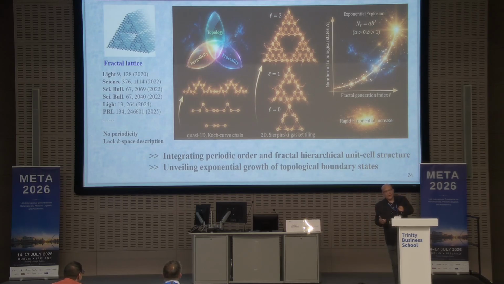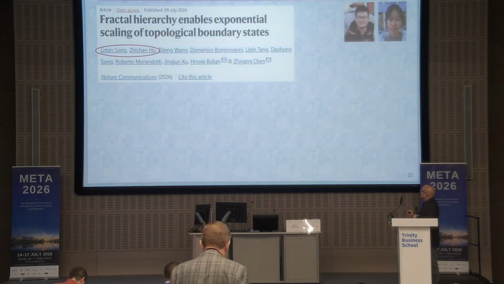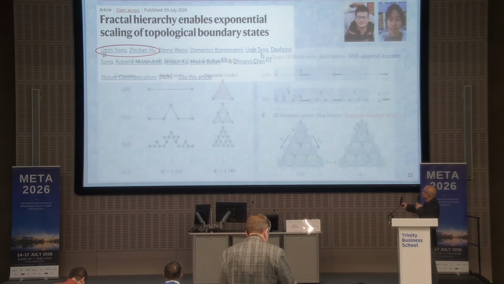Exponential scaling happens in many different fields, even in economics. Here we show that the topological state or band gap, the mini gap, can go exponentially with the generation. This is the paper.